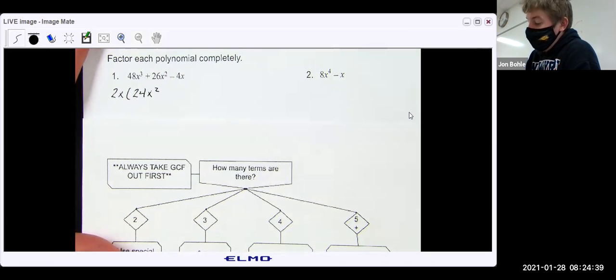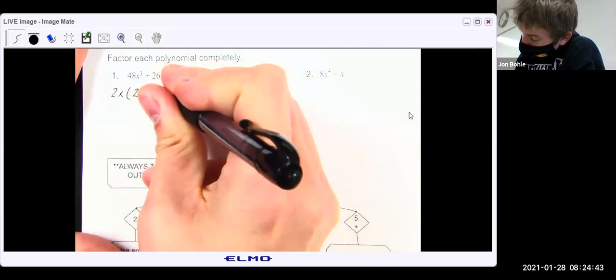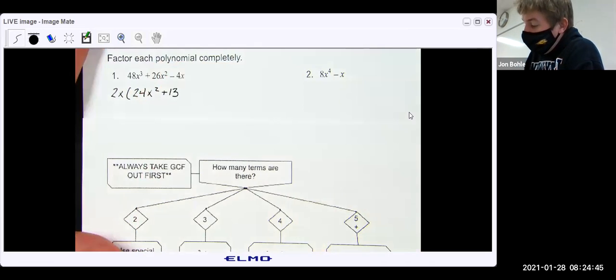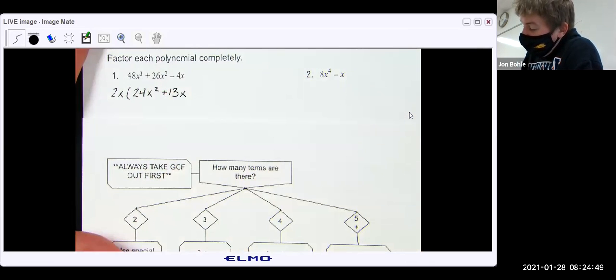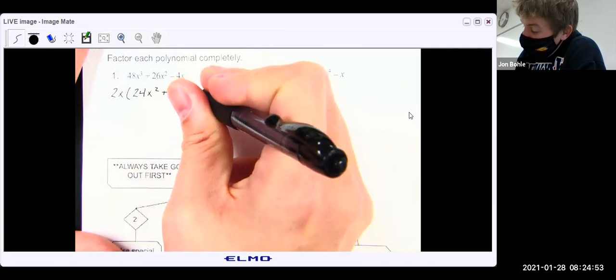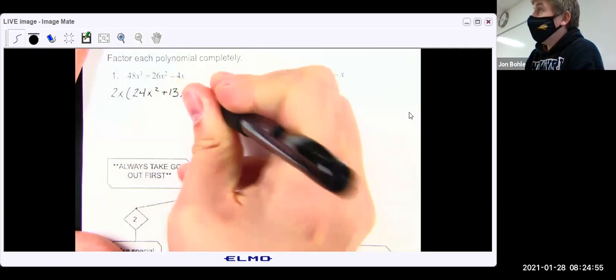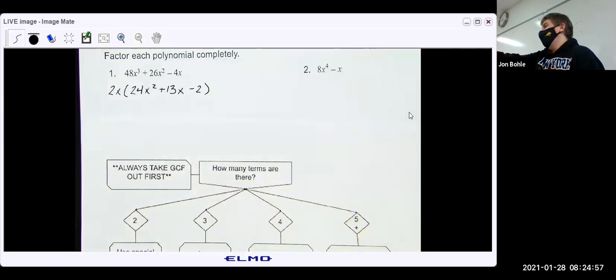Okay, then 26 divided by 2 is 13. X squared divided by x. Okay, negative 4x divided by 2x, negative 2. There's sheets of paper right up there, that's what we're on right now. Okay, so that's greatest common factor.